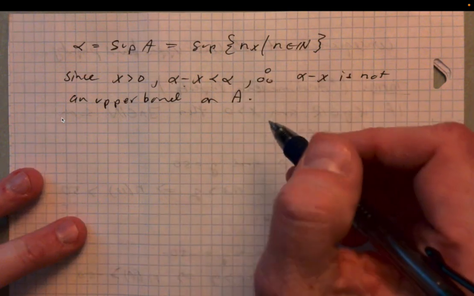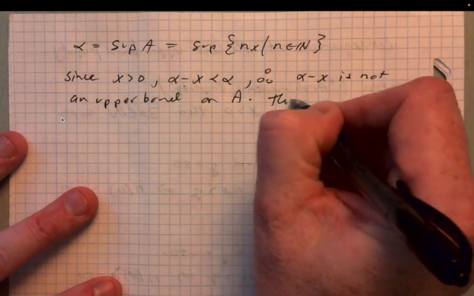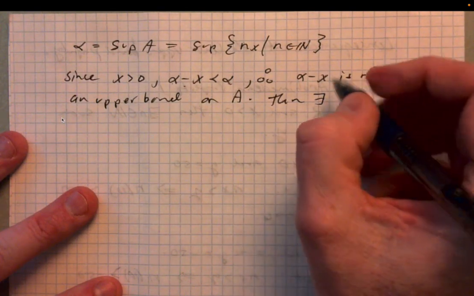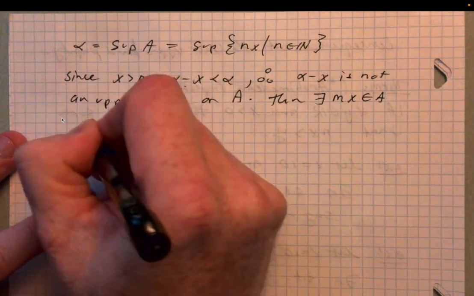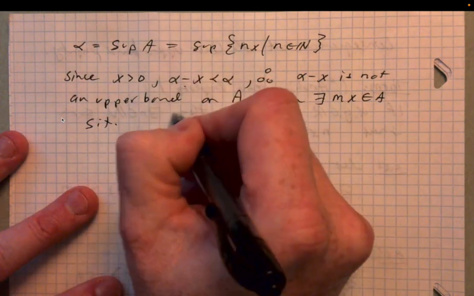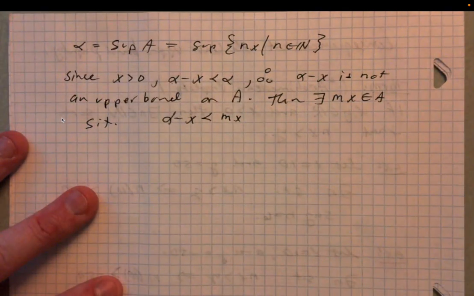And so if alpha minus x is not an upper bound on A, then there exists an mx in A such that alpha minus x is less than mx.